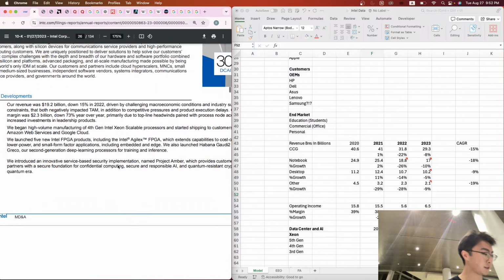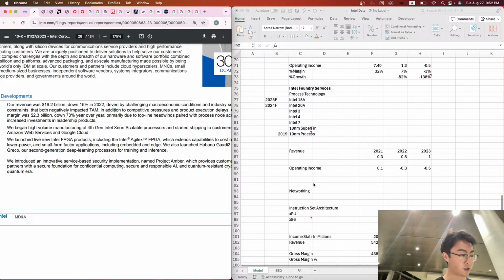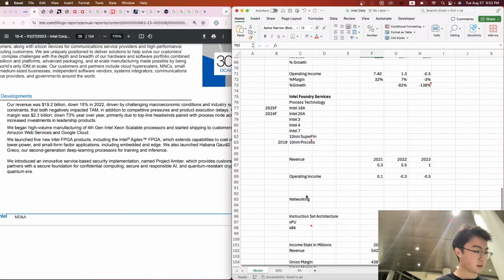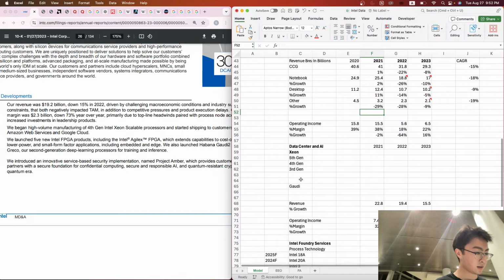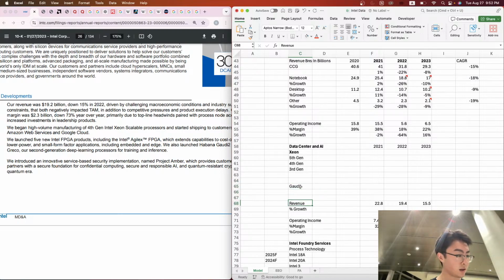Okay, so AWS, Google Cloud, they use... okay, that's cool to hear. Customers, CSPs, okay.